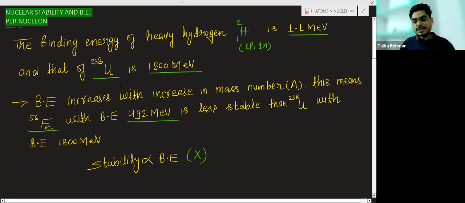Here the energy is distributed to bind a large number of nucleons, and here the less energy is distributed in binding fewer nucleons, because iron has fewer nucleons. So basically now this iron is most stable. Criteria for the stability is binding energy per nucleon.